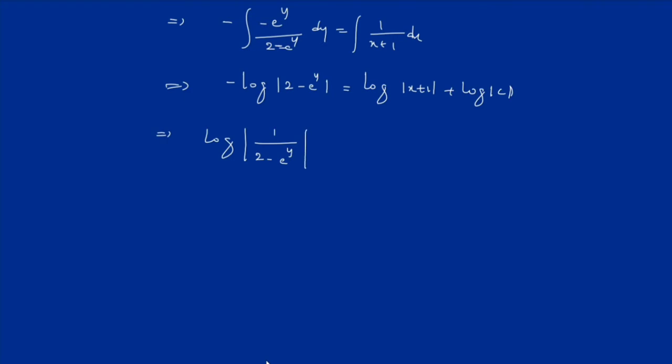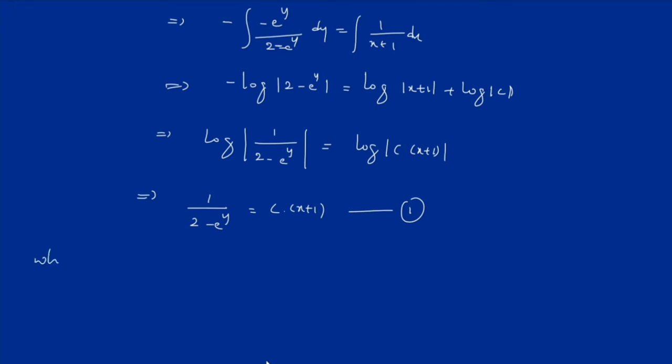The minus sign taken to the power means it becomes the inverse, 1 upon 2 minus e to the power of y inverse, which equals log m plus log n written as log mn, so log of c into x plus 1. The logs cancel, giving 1 upon 2 minus e to the power of y equals c into x plus 1. Take it as equation 1.